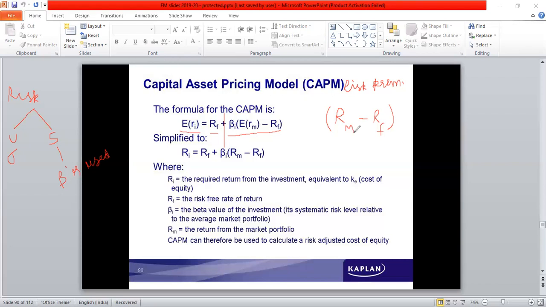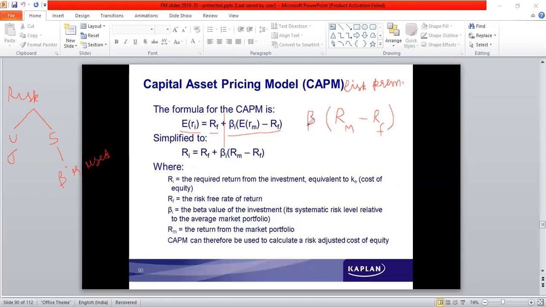So when they are investing in some other investment which has a risk premium, some return over and above the risk-free return, this also has to be associated with the beta. Beta is the amount of risk which is calculated.